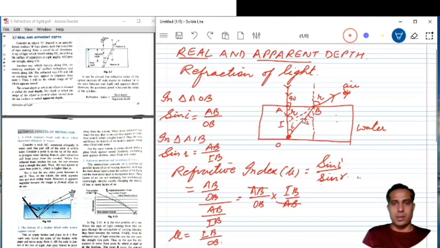Otherwise we will not be able to understand where the angle i and the angle r are. Otherwise point B is very close to point A. So if B is close to A, then the distance OB will be equal to OA.